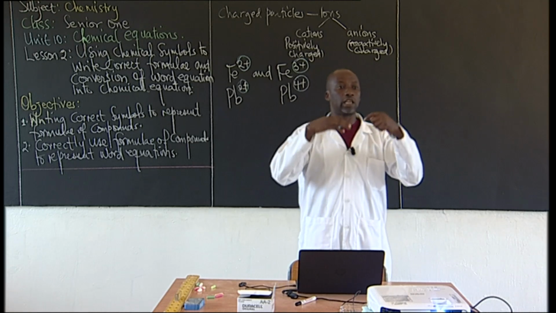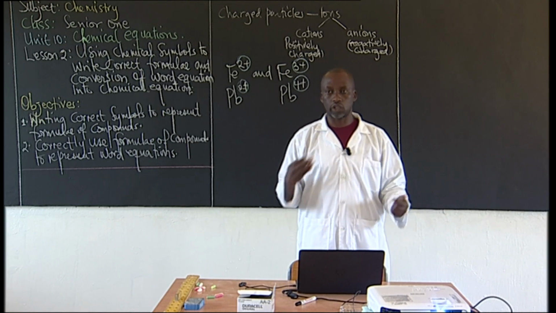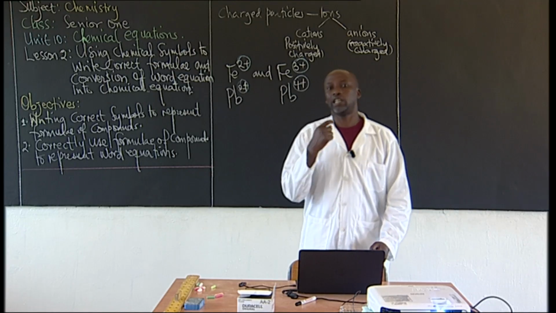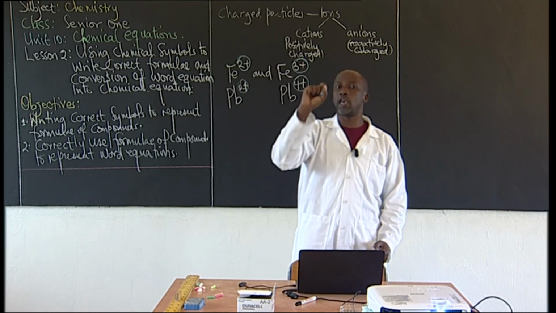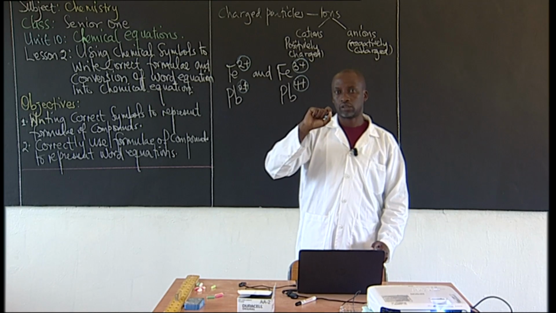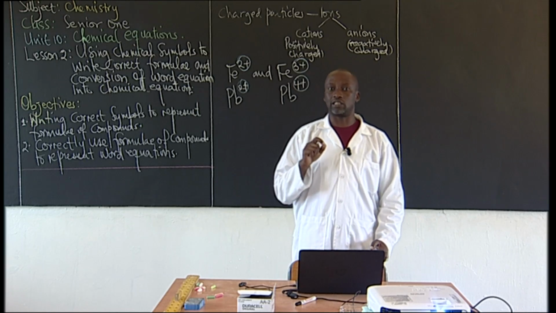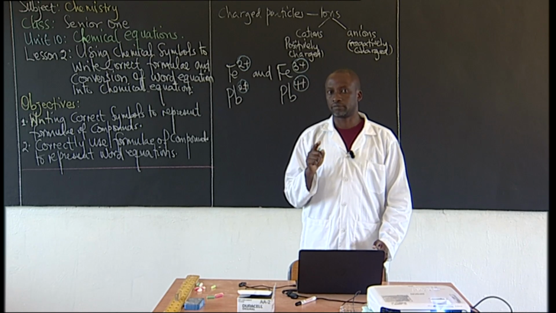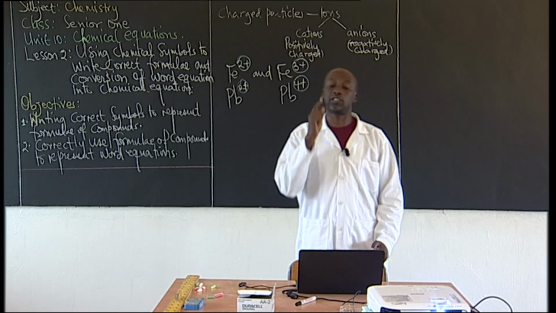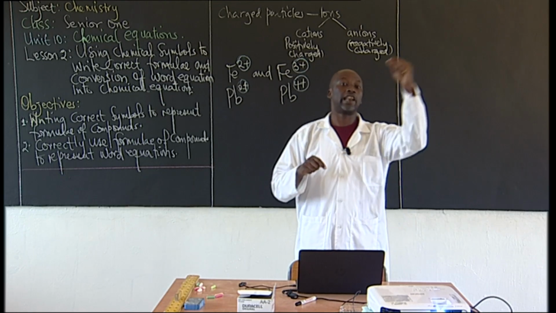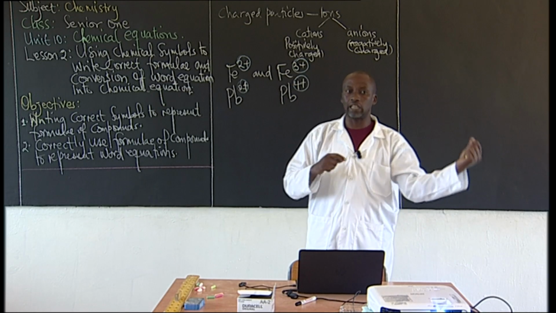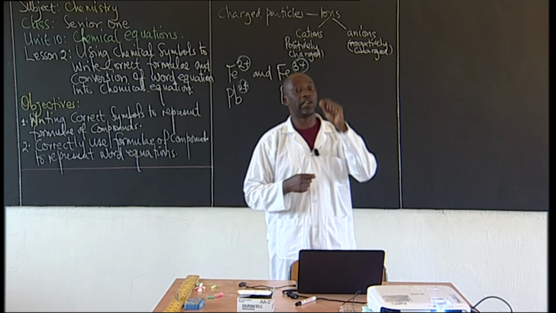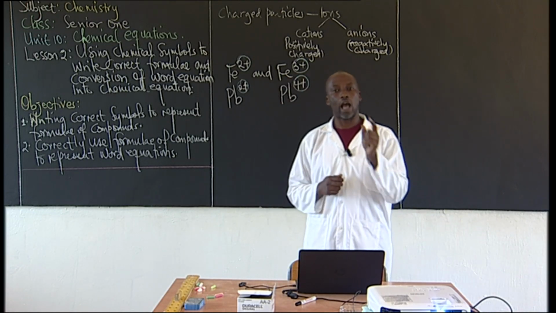We are not saying lead only. So there must be lead 2 or lead 4. So in the cases where we have to mention the number of the valence, it means that there is another lead with another valence. That's why we have to say lead 2, and iron 2.